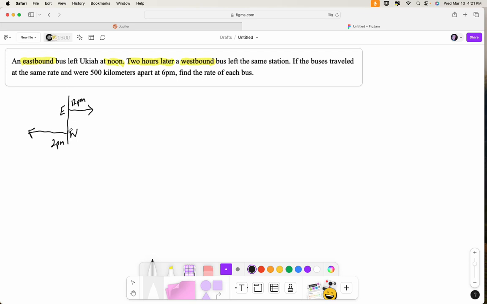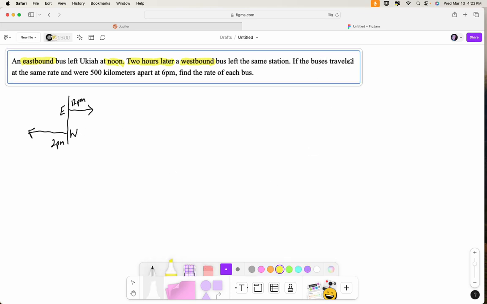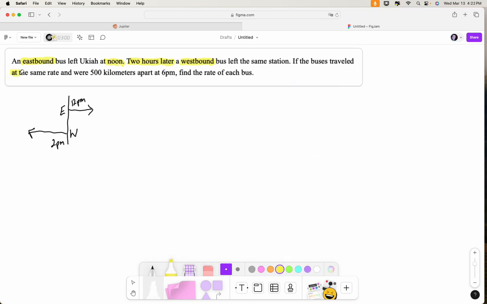Now, this says, if the buses traveled at the same rate. What that means is the rate of the eastbound bus is equal to the rate of the westbound bus, because of that statement.